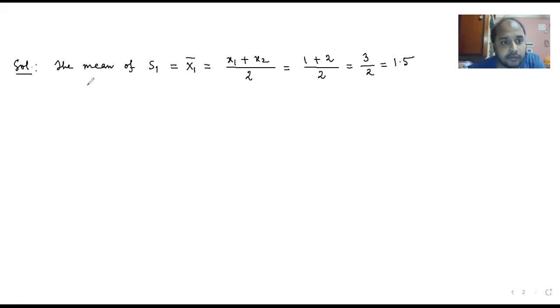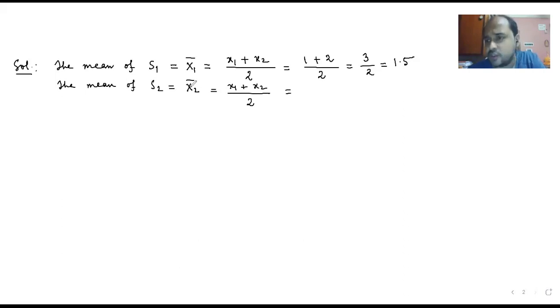The mean of S2, let us denote this by X2 bar. Again, this will be (x1 plus x2) by 2. I am using small x over here, and that is capital X. Small letters are used to denote elements.